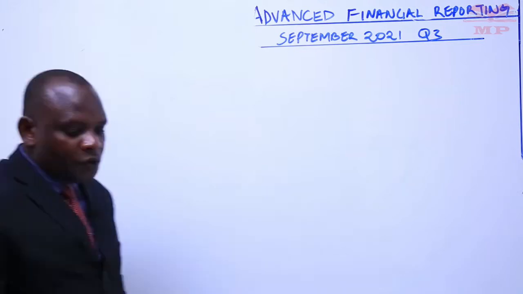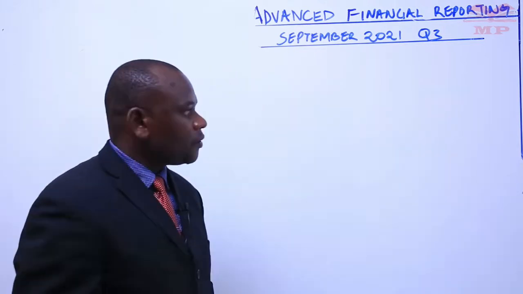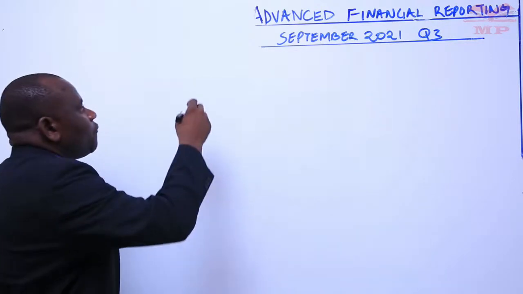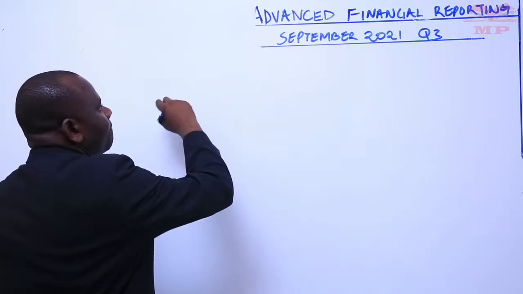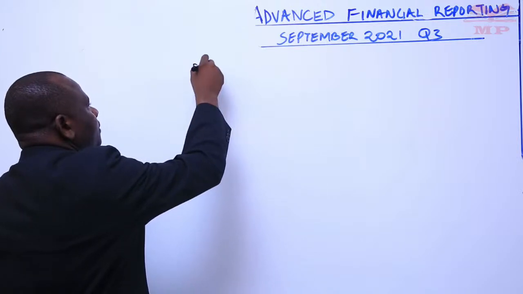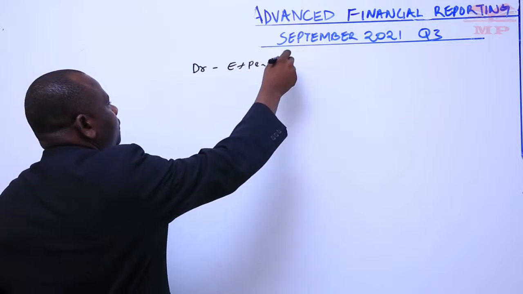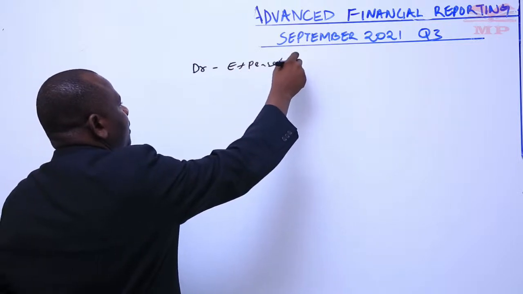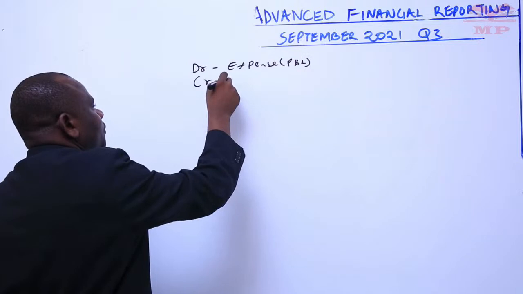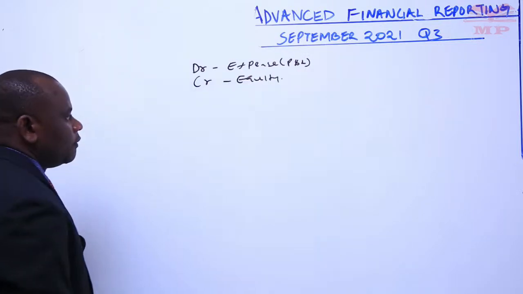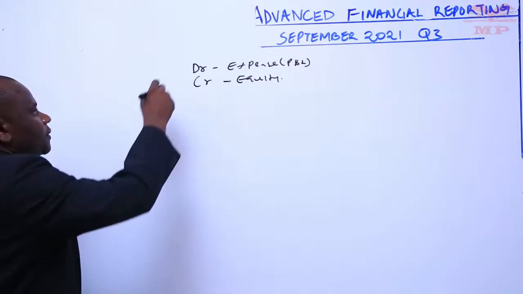How do we account for equity settled share-based transactions? Once you have calculated the amount, you should be debiting expense, or simply P and L, and then credit equity.